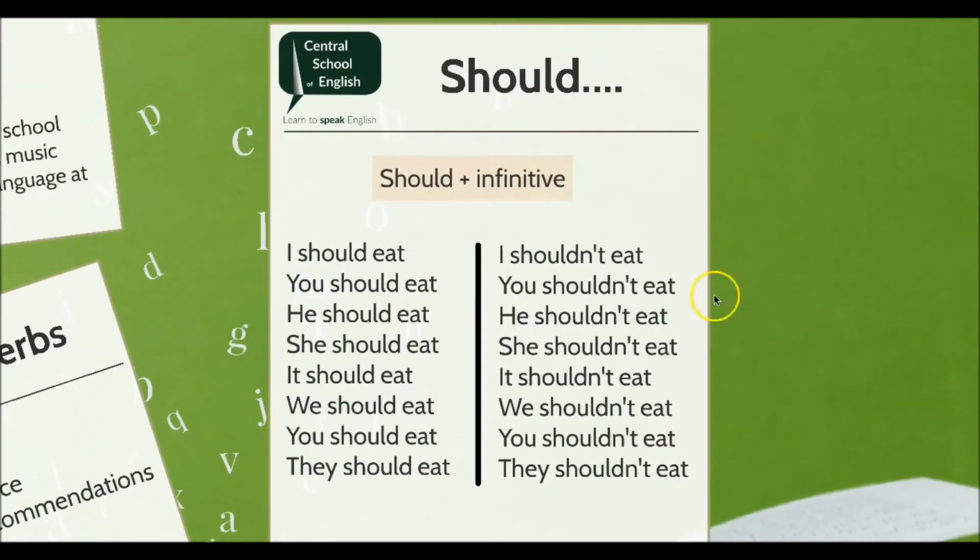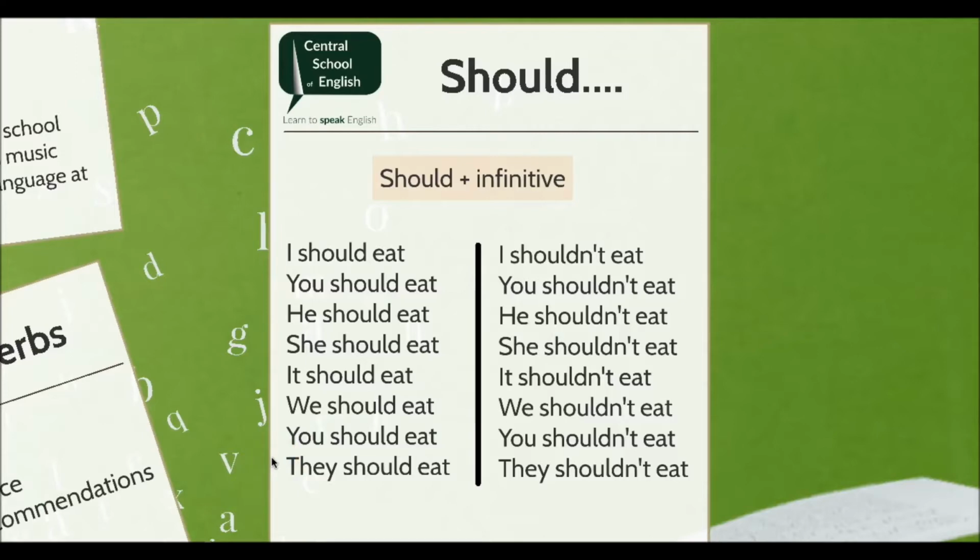The modal verb should is always followed by the infinitive of a main verb. For example, to make a positive statement using the modal verb should and the main verb eat, we can say, I should eat, you should eat, he should eat, she should eat, it should eat, we should eat, you should eat, they should eat.